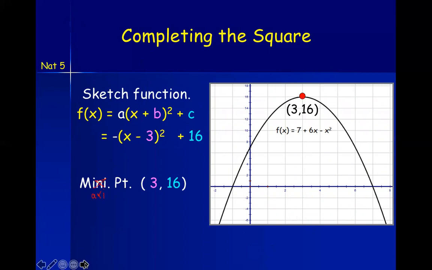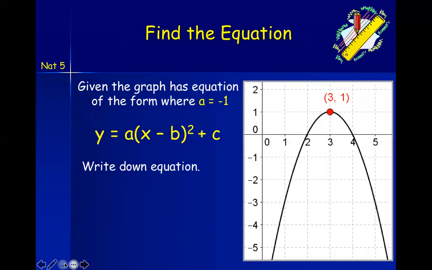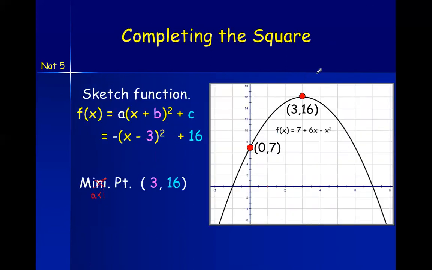Sad face. Let's see where we cut when x equals 0. Negative 3 squared is 9, minus 9 plus 16 becomes 7. So we cut it at 0, 7. And that's you. You would just draw that.